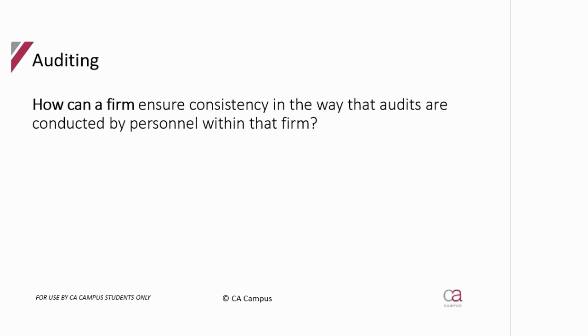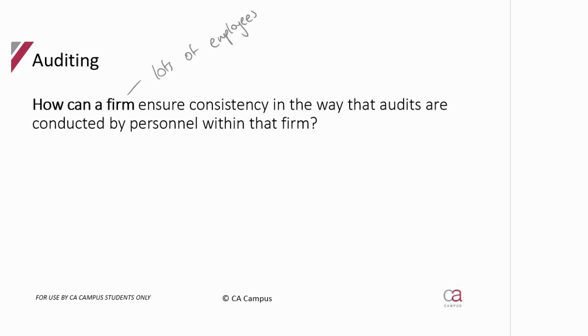Because your firm has lots of employees doing the work. And surely your firm wants to make sure that it doesn't matter which of those people were doing the work, they would come out with the same answer.